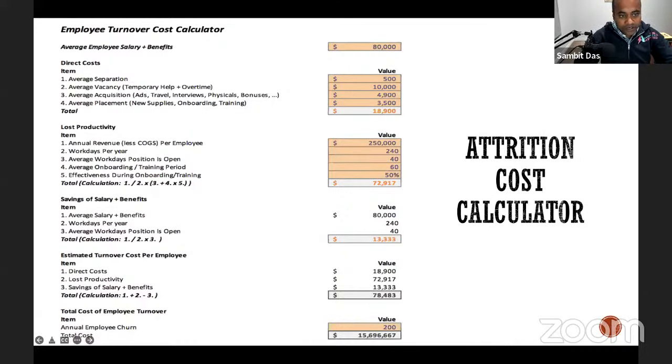So if the work days per year is 240, there is 240 working days, average working position open. So if I leave, then my job was basically open for 40 days. And if someone else is coming in my role, then this person is not supposed to be working at full capacity level on day one, right?